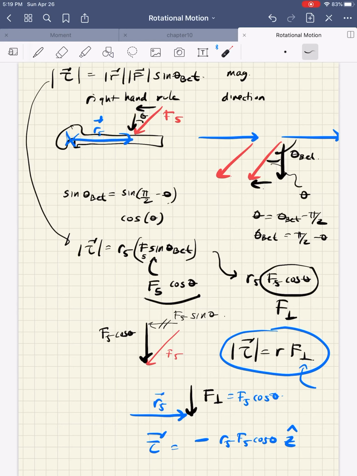Counterclockwise direction, negative z. Okay, we've been playing around a little bit now, so let's do some examples and just quickly find the net torque acting on an object.